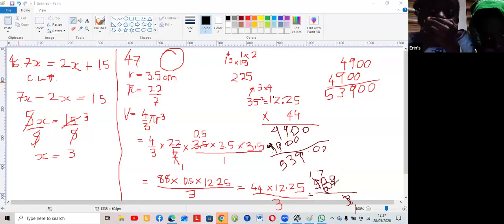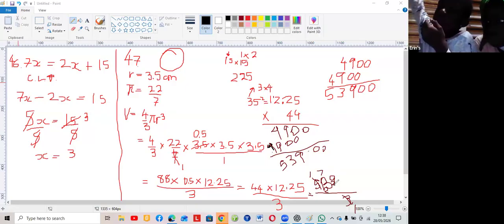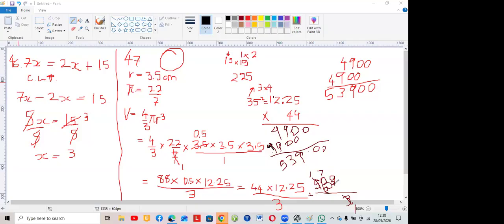In 29. Yes. 3 in 29 is what? She has forgotten 3 in 29.